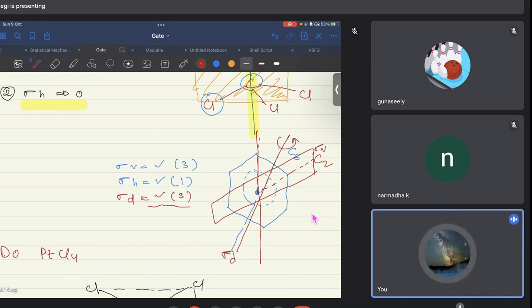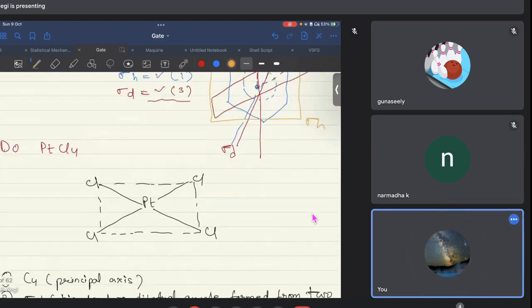And again there is a horizontal plane present in this, which is cutting, for example, just imagine that it will cut the benzene planar ring into two halves, such that half of the atoms are above and half of the atoms are below the sigma h plane. So here in benzene we have sigma v, sigma h, and sigma d, all three mirror planes present.